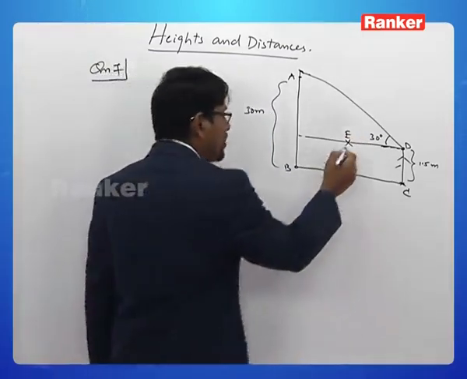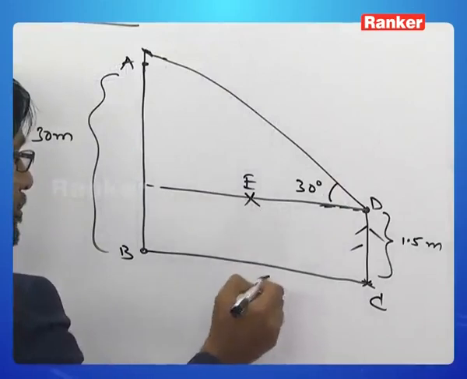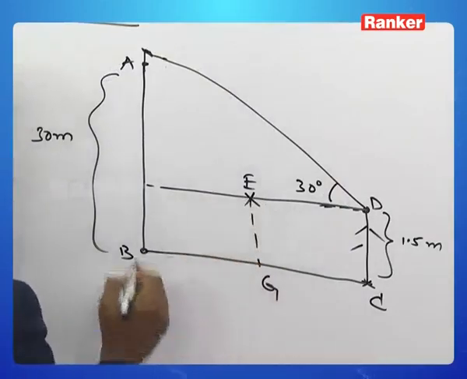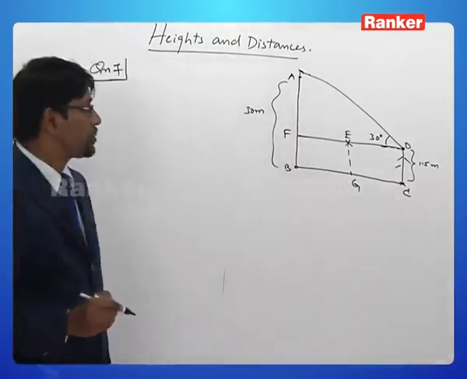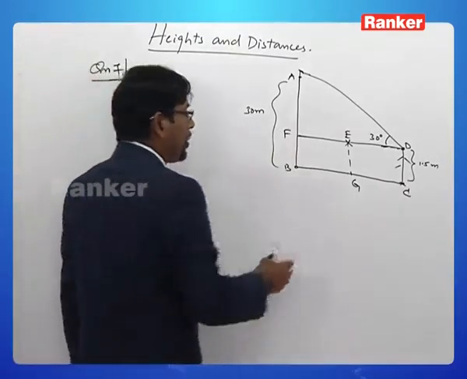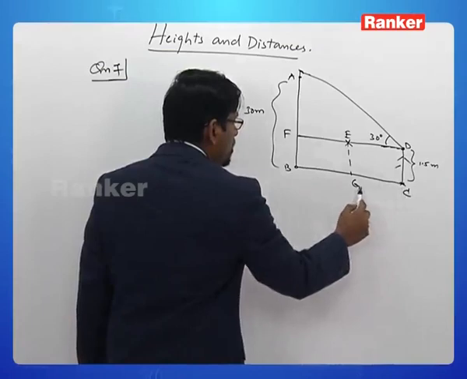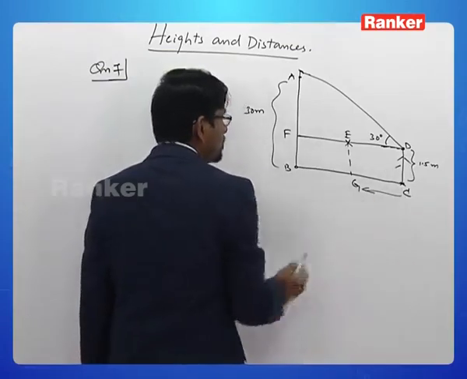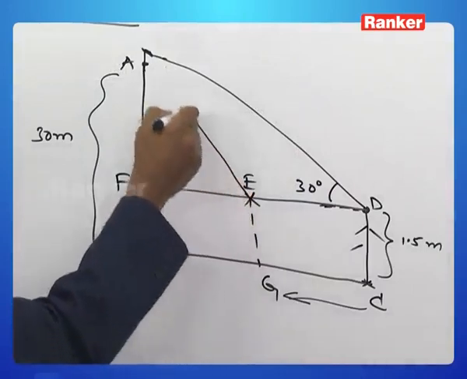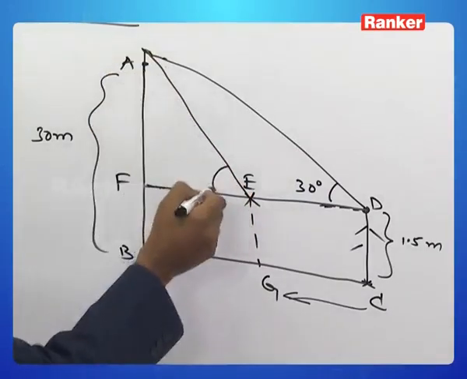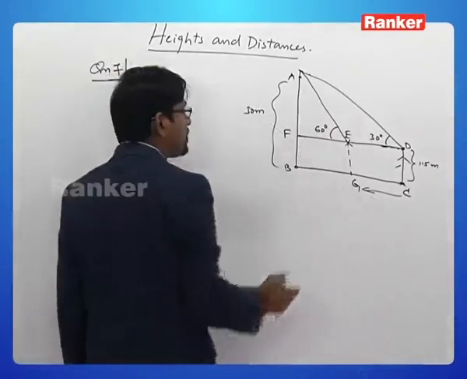So now this is the G here. Let's call this as F. Okay. He has moved from C to G. And now the angle of elevation has increased to 60 degrees.